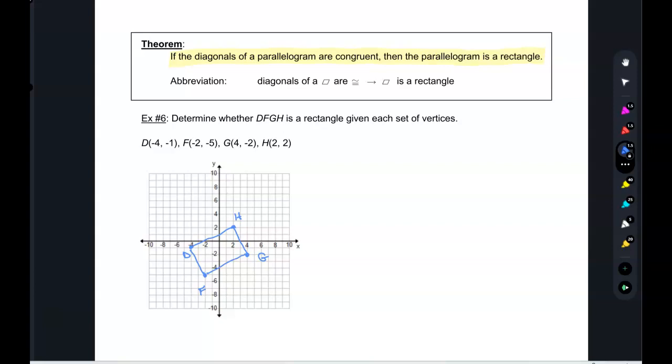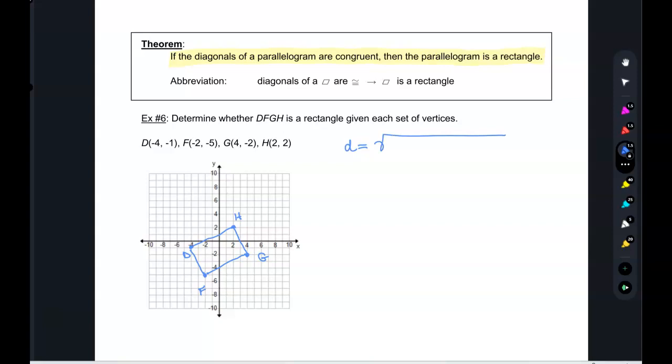Now there's actually more than one way that we can prove it's a rectangle. One, we can look at whether the slopes are opposite reciprocals. Or we can use the distance formula twice. How would we do the distance formula? We're going to check the diagonals. Since we haven't done the distance formula in a while, let's do a little refresher, because this is one of those formulas that will not go away.